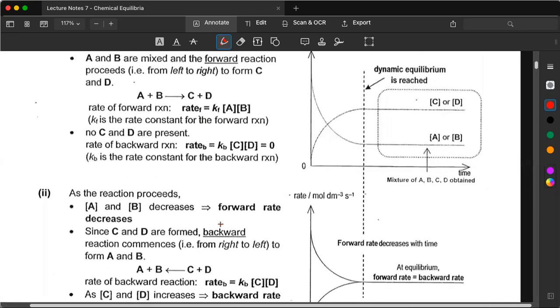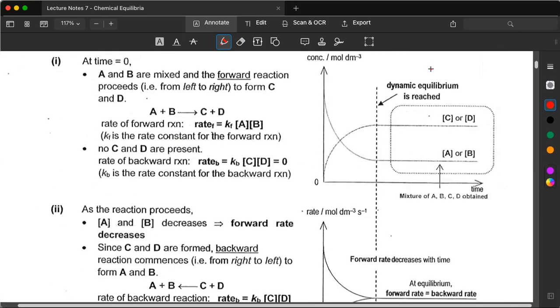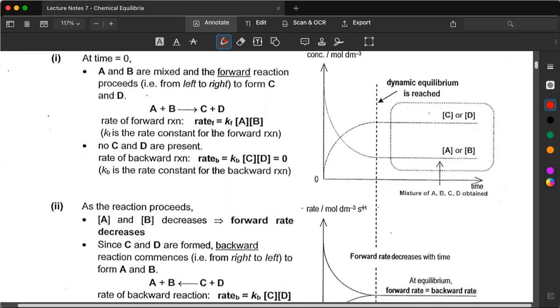You can observe it from the two graphs here. We have concentration against time. So at the beginning, we do not have C and D, but their concentration increases, though at a decreasing rate. As for the reactants A and B, they have a high concentration at the beginning, but as reaction progresses, the concentration decreases at a decreasing rate.